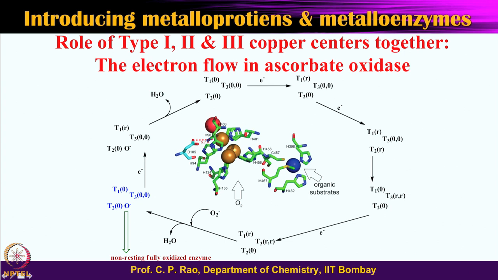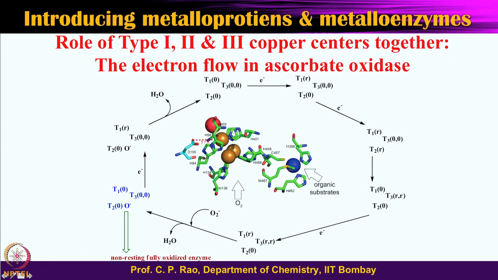Now, you can see here the type 1, a blue copper protein, which is connected by 2 histidines, 1 methionine, 1 cysteine. You can see here the type 2 copper center, and here the 2 coppers, which are the type 3 copper center.